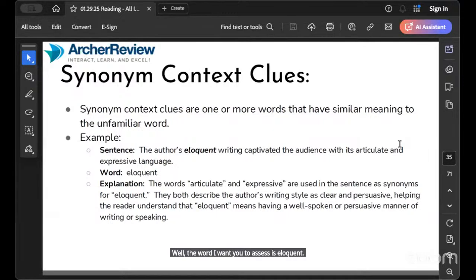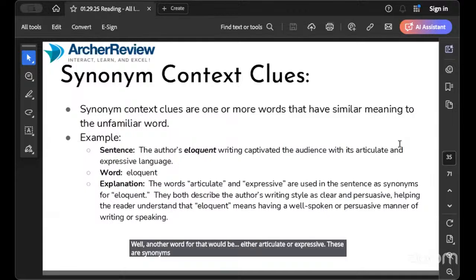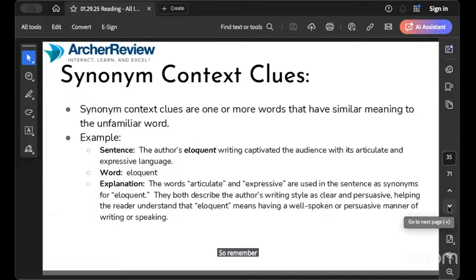What does eloquent mean? Another word for that would be either articulate or expressive. These are synonyms for the word eloquent. So remember, synonyms are words that mean the same.